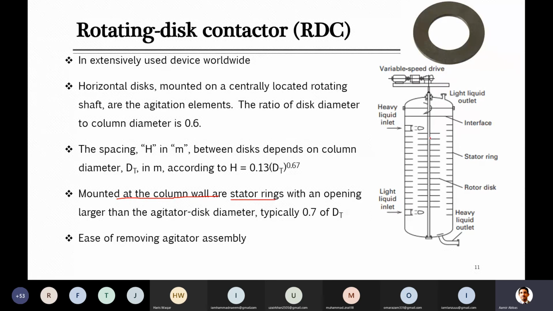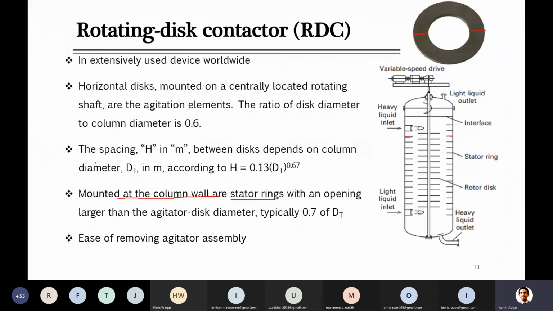If you imagine the three-dimensional column and install these rings inside it, these are the parts of the rings on both sides, and in between there is a gap. Inside the gap you install the rotating element. Then there is a very small space between the rotating element and the ring, which helps avoid the liquid escaping without coming in contact with the mixer.